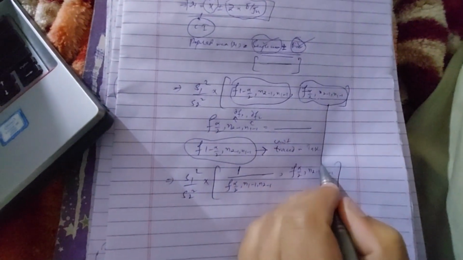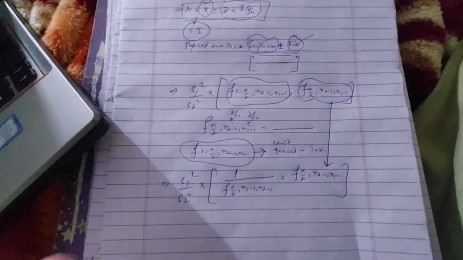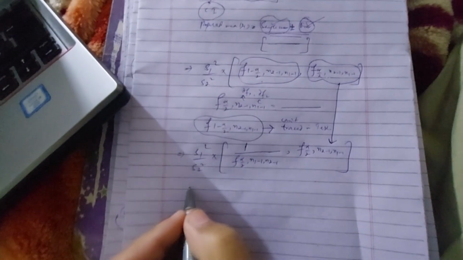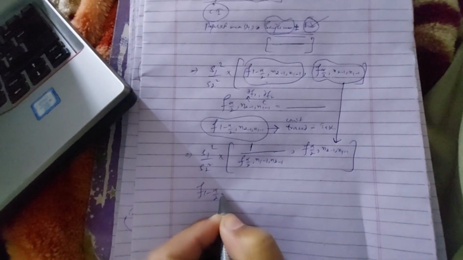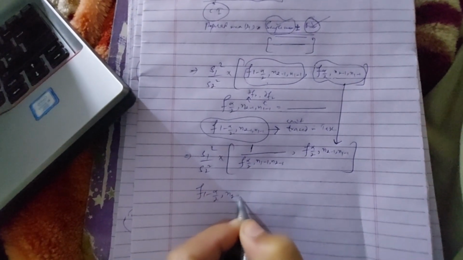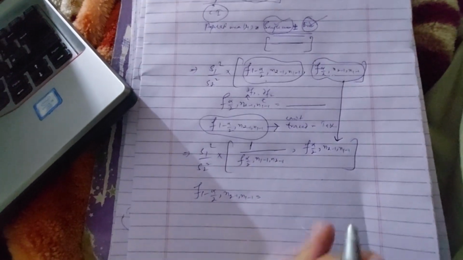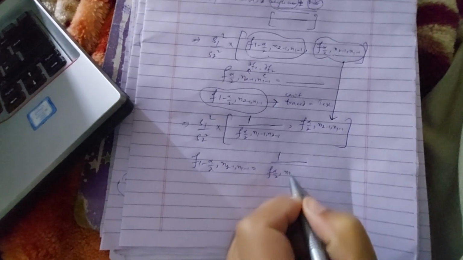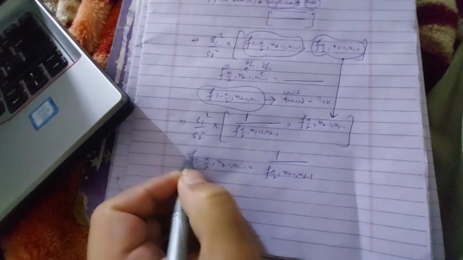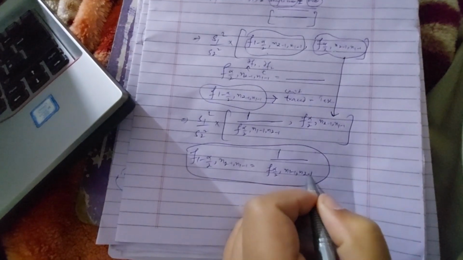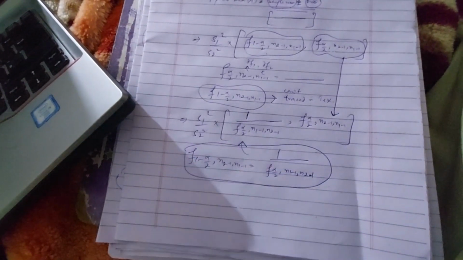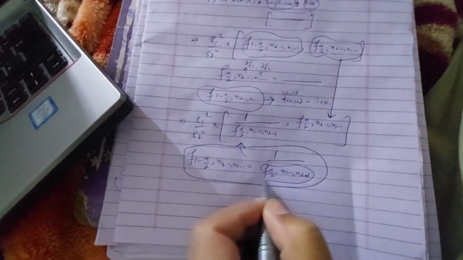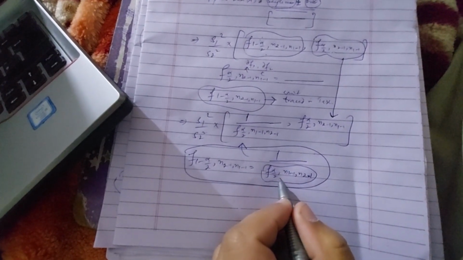This will remain the same, only this thing changed. And we know that f of 1 minus alpha by 2 and 2 minus 1 and 1 minus 1 is equal to 1 divided by f of alpha by 2 and 1 minus 1 and 2 minus 1. So that is why we put this instead of this. Now this value can be found in the table.